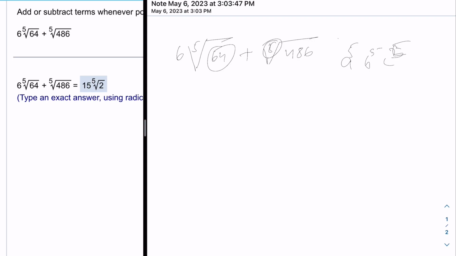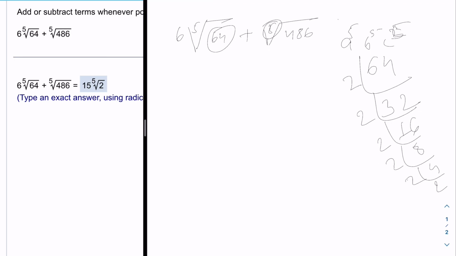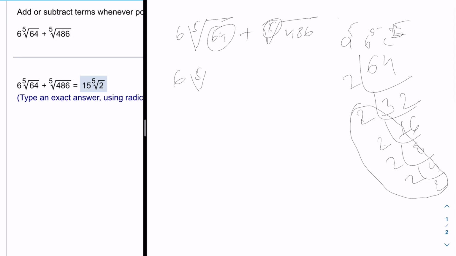So it's better to solve by hand. 64 divided by 2 is 32, divided by 2 is 16, divided by 2 is 8, divided by 2 is 4, divided by 2 is 2, divided by 2 is 1. 1, 2, 3, 4, 5. We have it like this. So we can write this term as 2 to the 5, into 2.